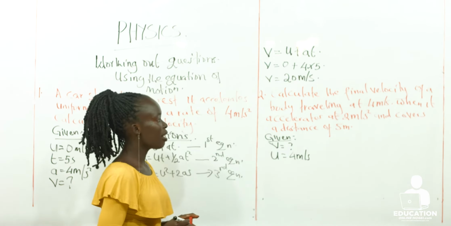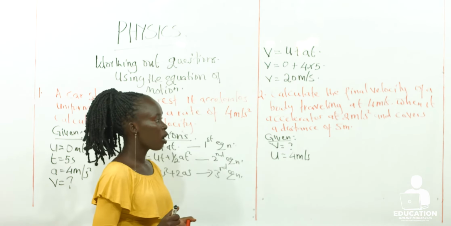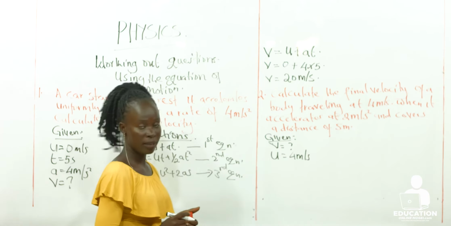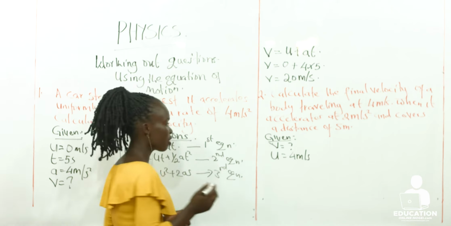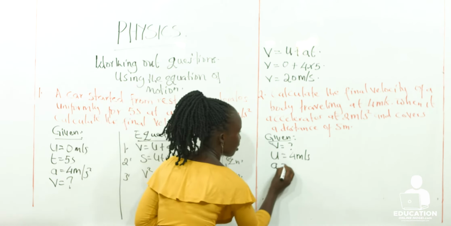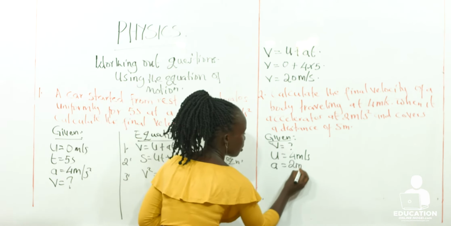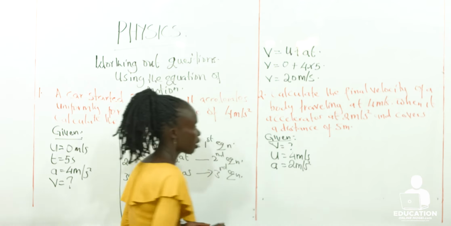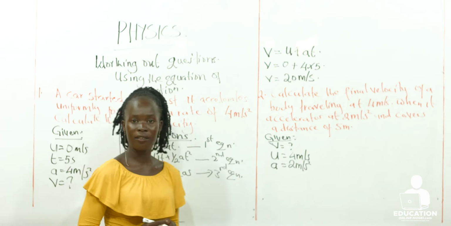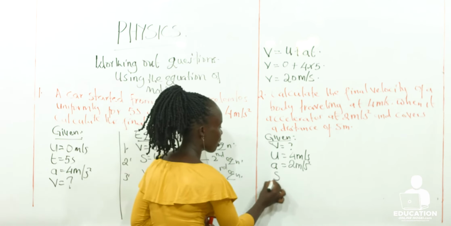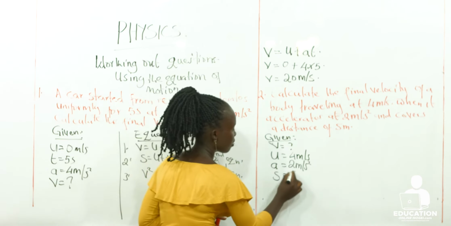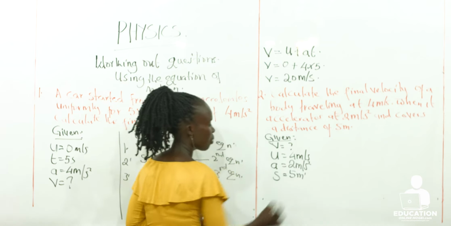When it accelerates at 2 meters per second squared. So when you see per second squared, it is our acceleration. The question has acceleration equals 2 meters per second squared, and covers a distance. So our s is the distance, which is 5 meters.